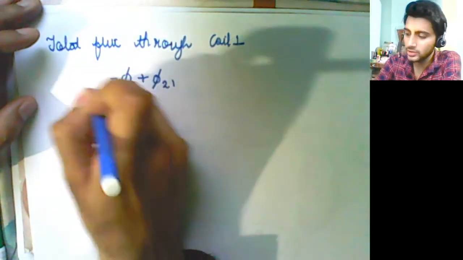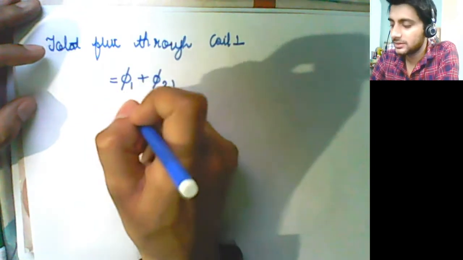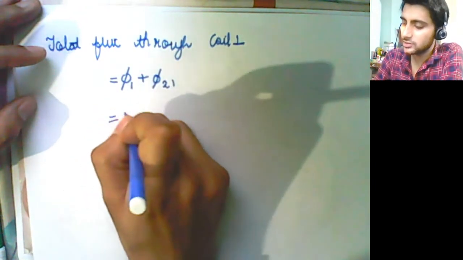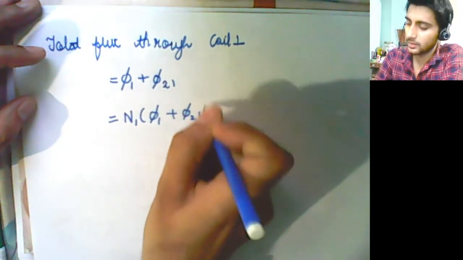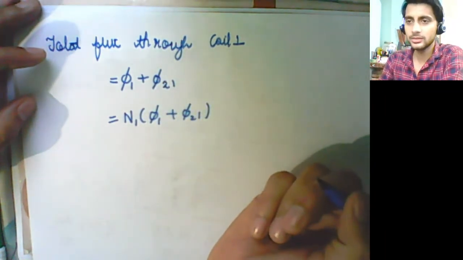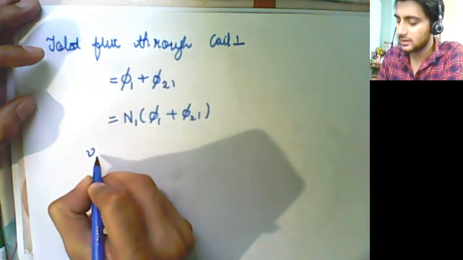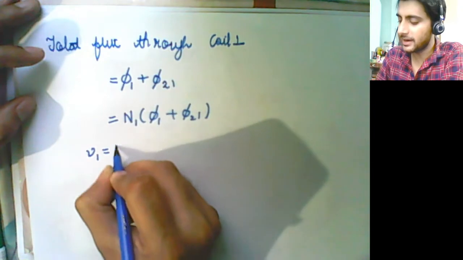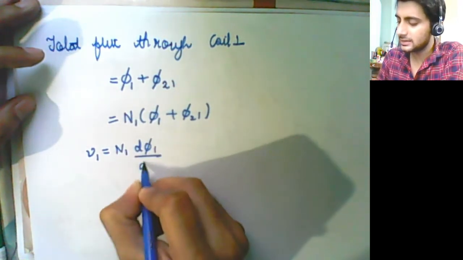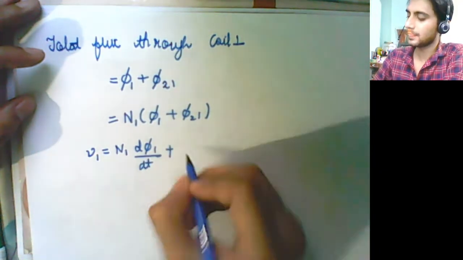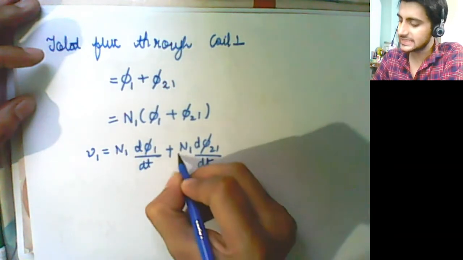So this is my total flux. Okay. And I can now multiply it with the number of turns in the coil, that is N1 turns. Okay. And now I can take the derivative of it. So the voltage which I would see across V1 will actually be dependent on N1 d phi 1 by dt plus N1 d phi 21 by dt. Why is this N1 there?